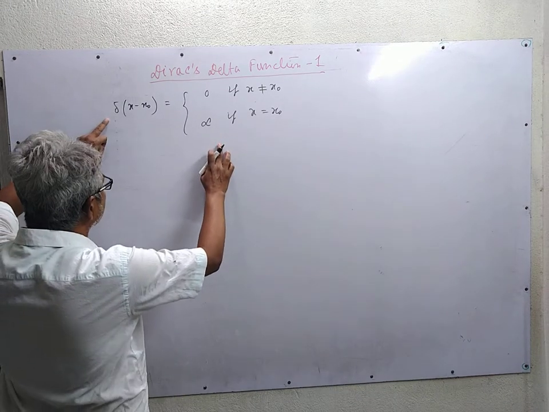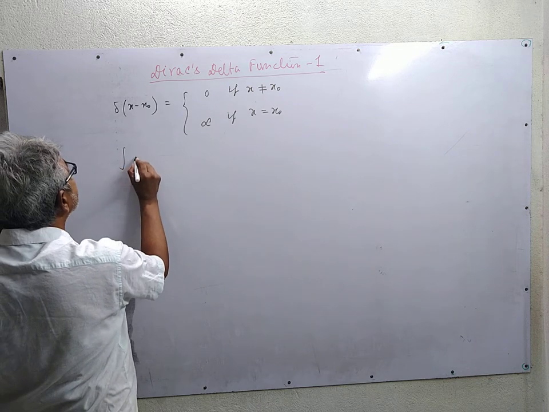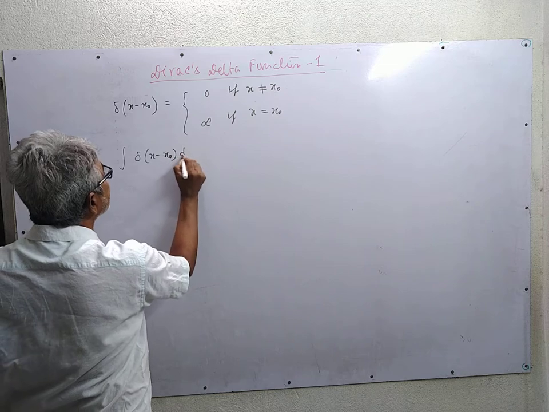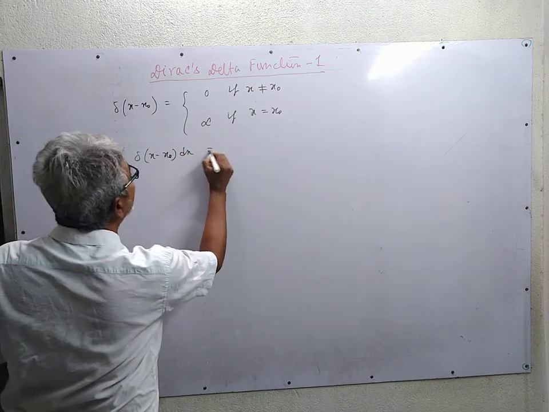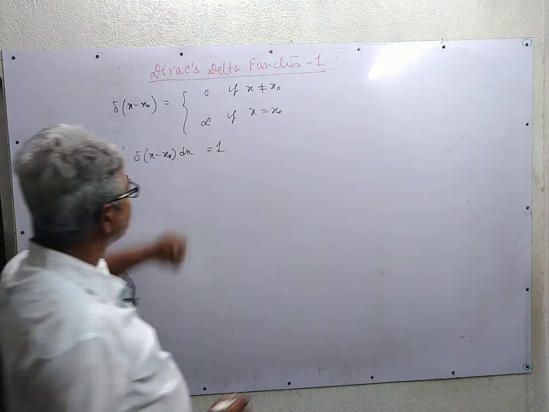This definition is supplemented by the normalization condition that the integral of δ(x − x0) dx over all x is equal to 1. This is known as the normalization condition.